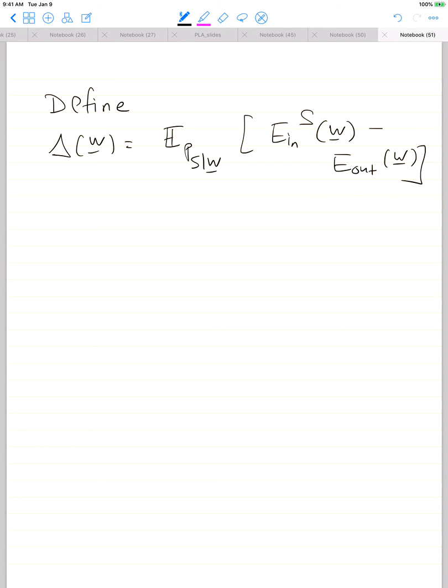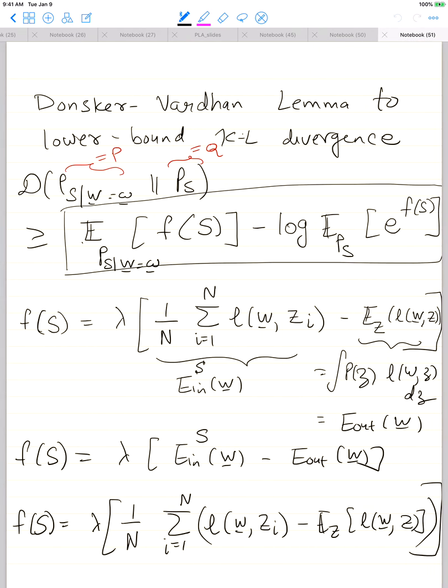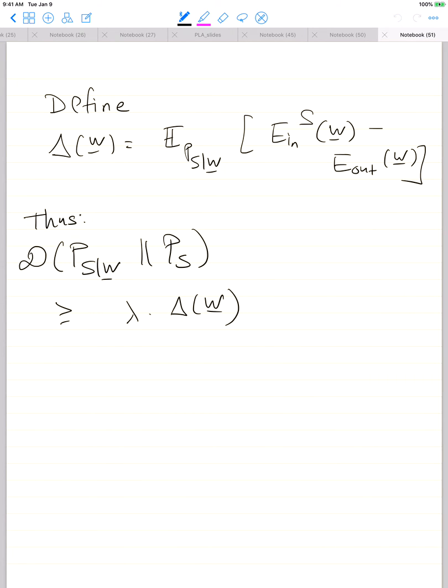So what we have shown is that the relative entropy between P of S given W and Ps is lower bounded by lambda times delta of W minus lambda square sigma square by 2n.